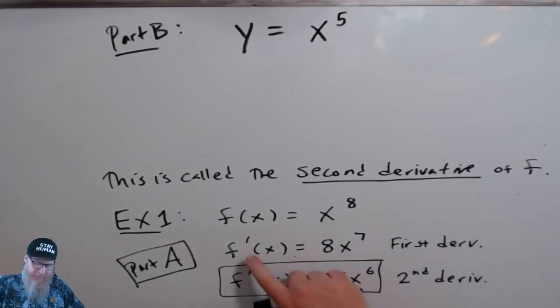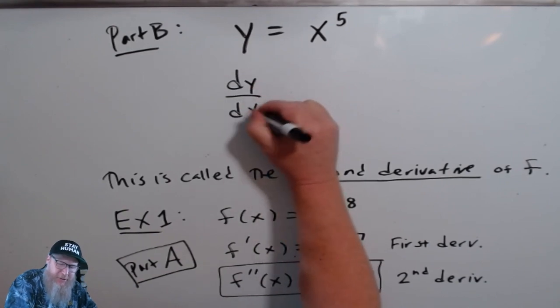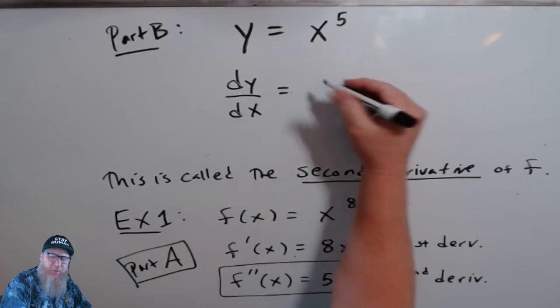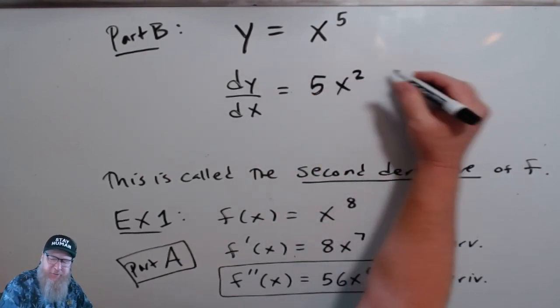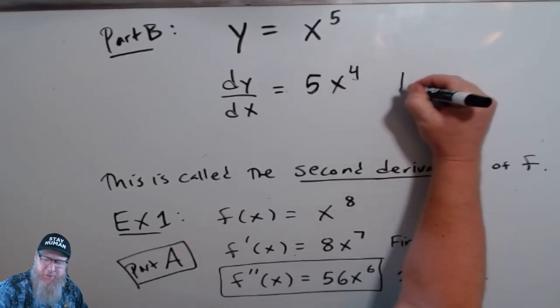Well, then you can use what's called the Leibniz notation or the dy dx notation. So this would be the first derivative, 5x to the 4th.